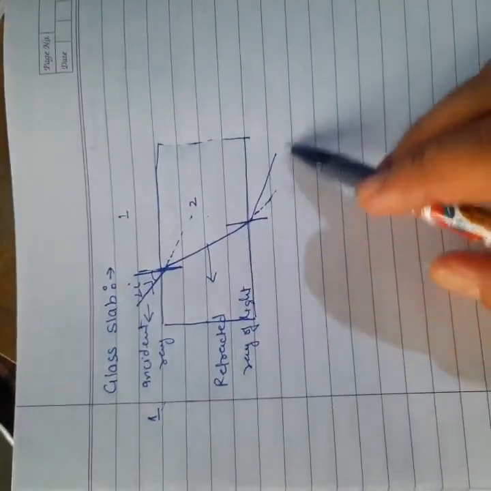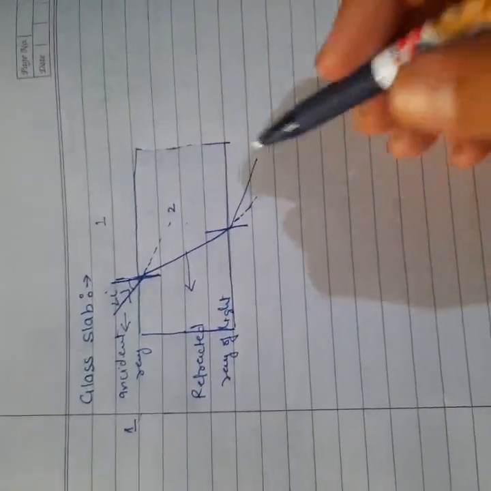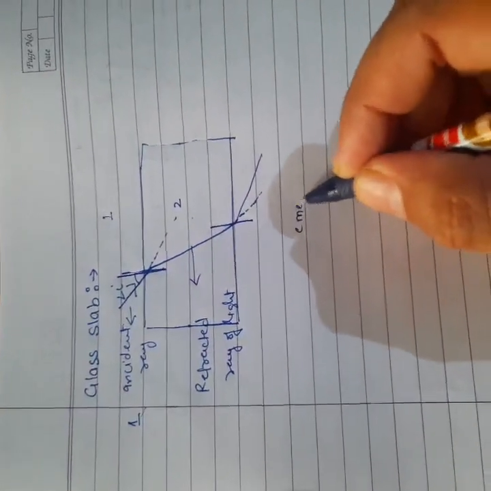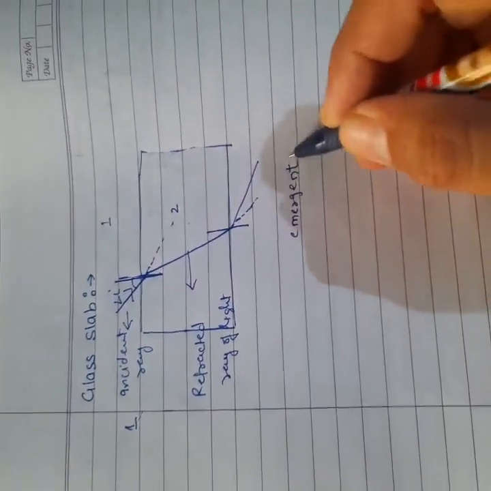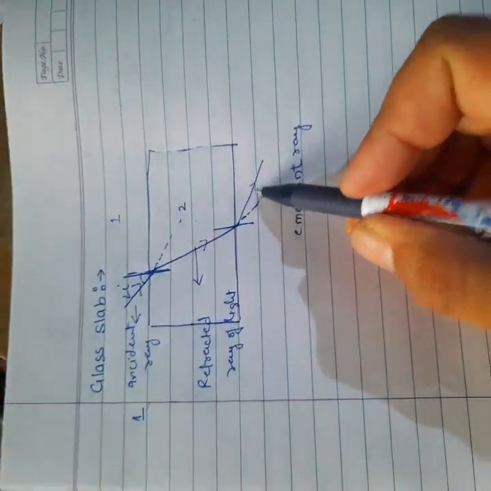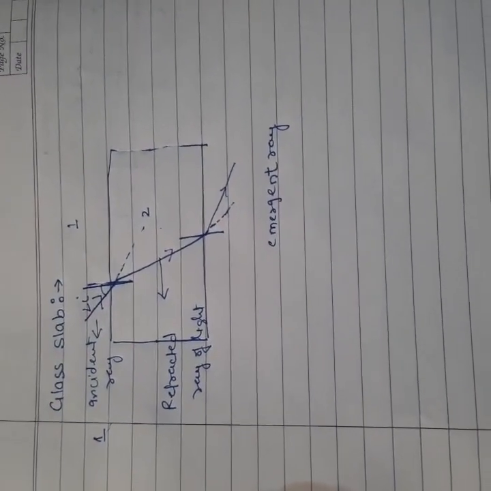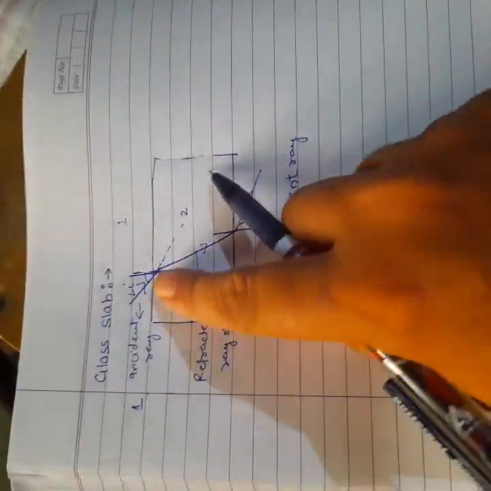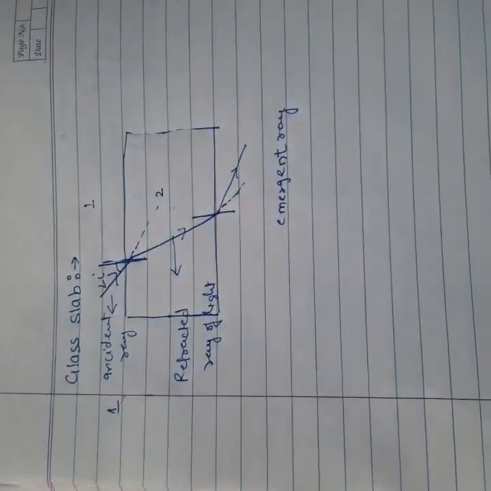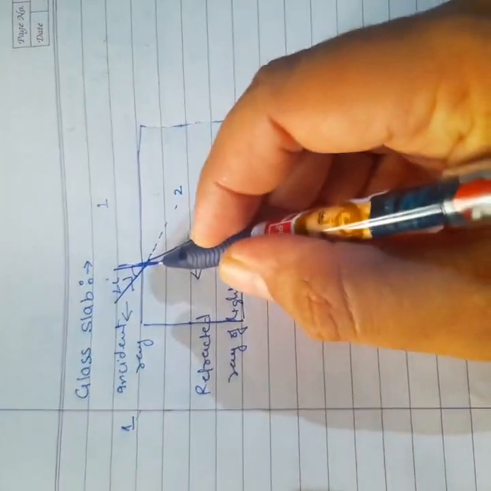Then the third one, after the incident and refracted, is the emergent ray. The emergent ray is obtained only when it has passed through two processes. One is the incident, then refracted, then third we get the emergent ray. This angle is the angle of incidence, and this angle is the angle of refraction, the angle formed in the medium, that is the refracted angle.